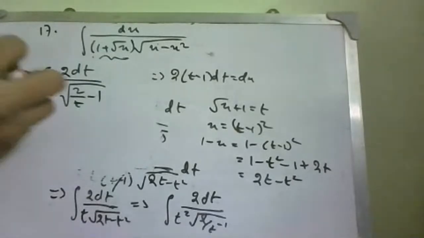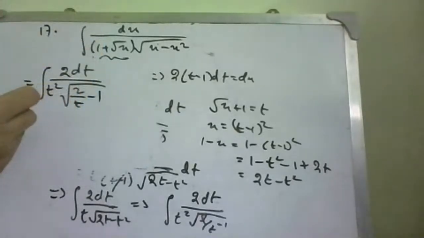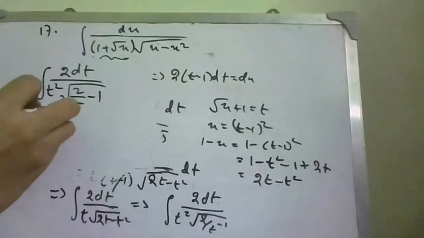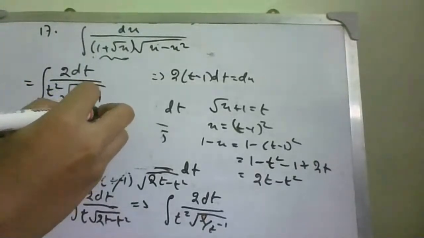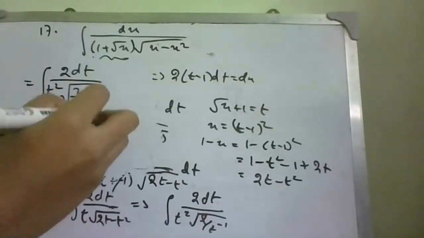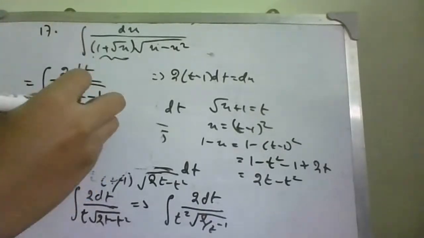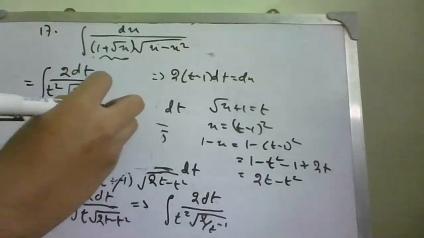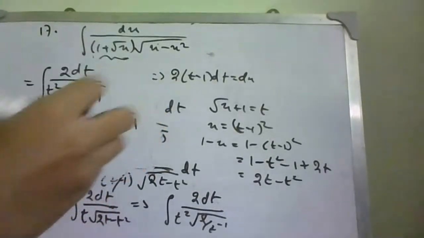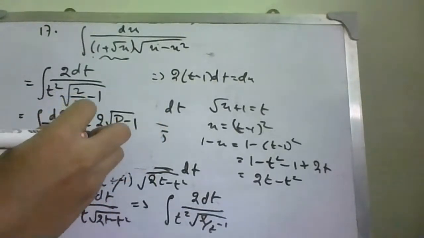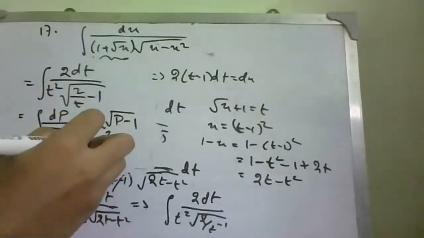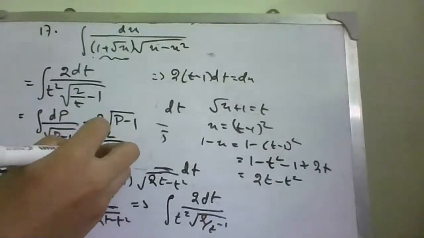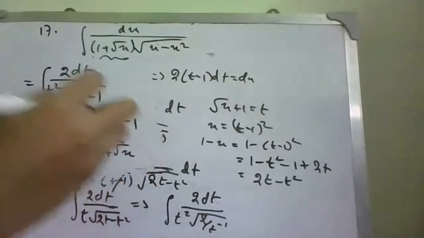Assume that 2 by t is some p, then dp is nothing but p minus 1. So this is nothing but 2 times root over p minus 1. And what is p? P is 2 over t. Now what is t? T is 1 plus root over x.